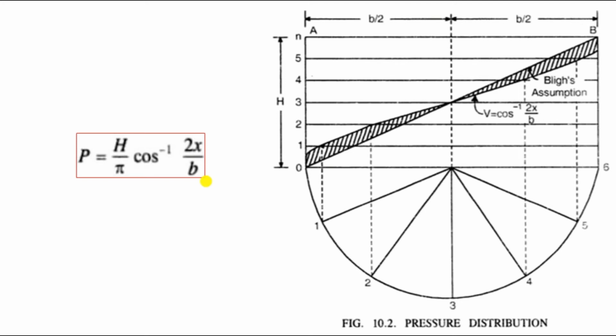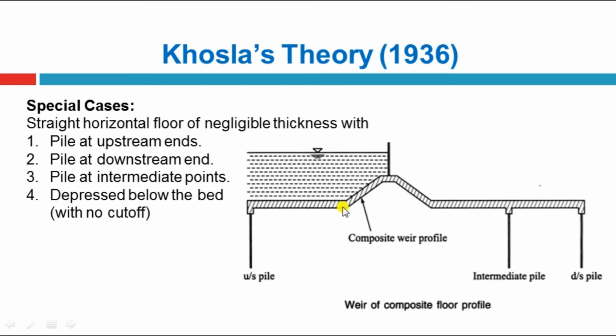Now we have seen some of the special cases of Khosla's theory. Straight horizontal floor with negligible thickness, and having a pile at the upstream end, piles at the downstream end, piles at intermediate points, and depressed below the bed with no cutoffs.